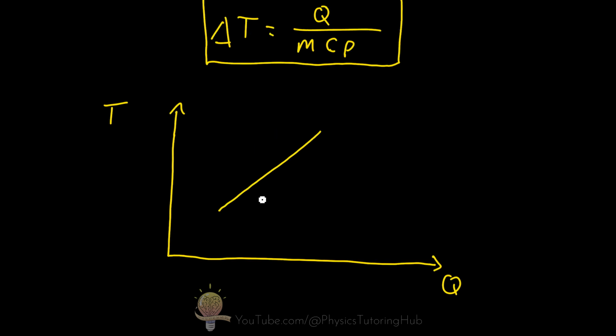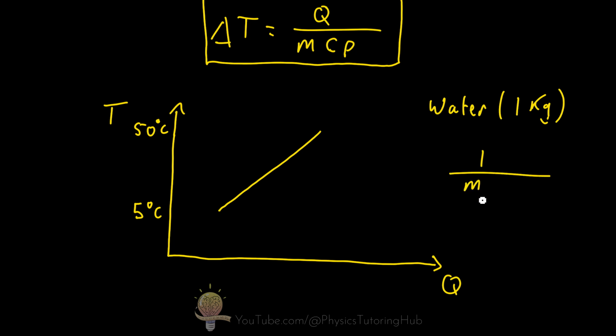Let's say that this temperature change is for a known mass of liquid water, say 1 kilogram of water. And the gradient for this graph is 1 over the mass of the sample multiplied by its specific heat capacity, which for water, I think is 1,886 joules per kilogram per degree Celsius.